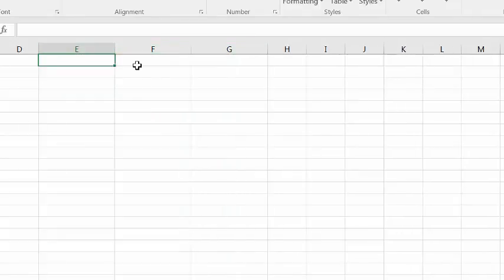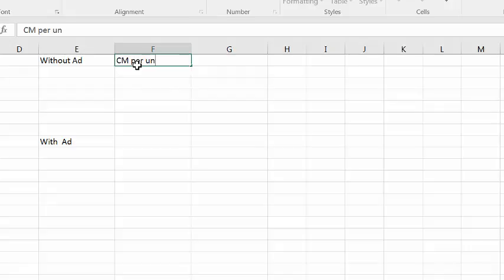We can start with the without add. Okay, that's one option, and with add. So without add, what you need to do is, first of all, you need to find the contribution margin per unit. Okay, so we are looking at $100 subtracts 25, which is $75 contribution margin per unit.